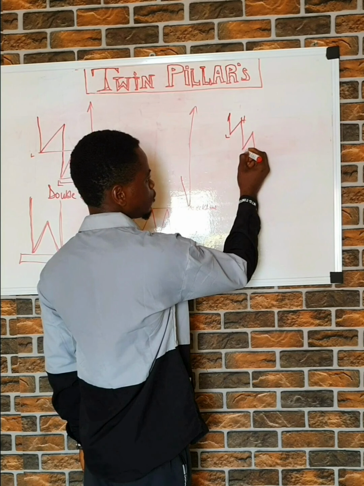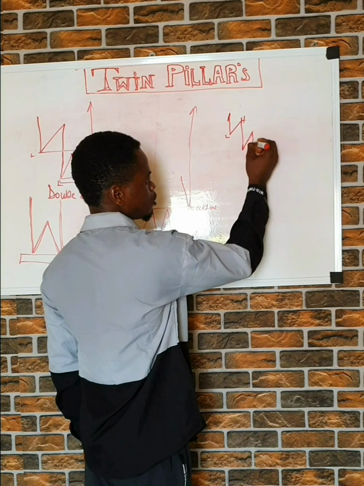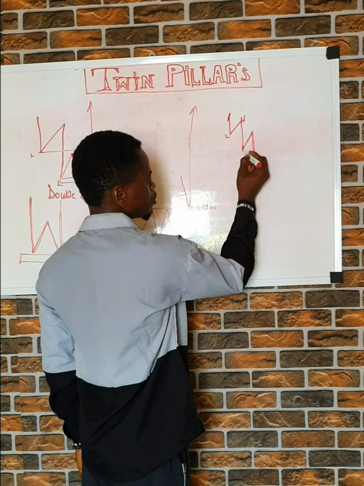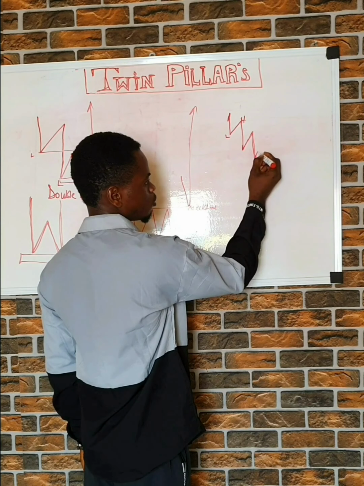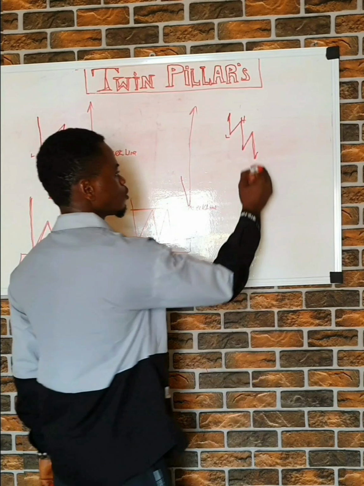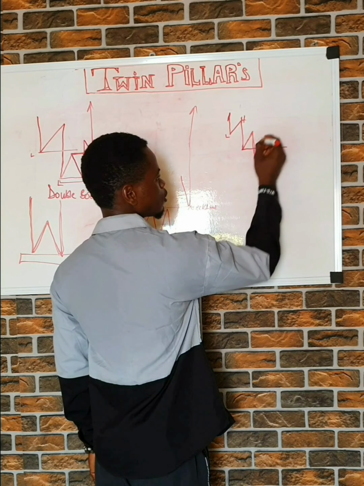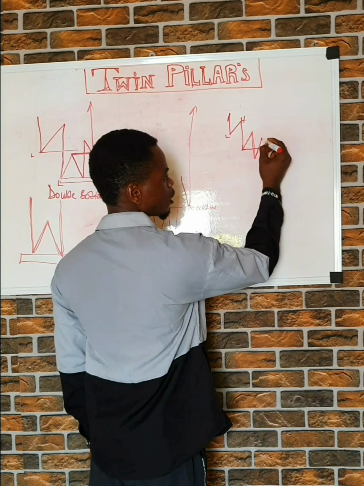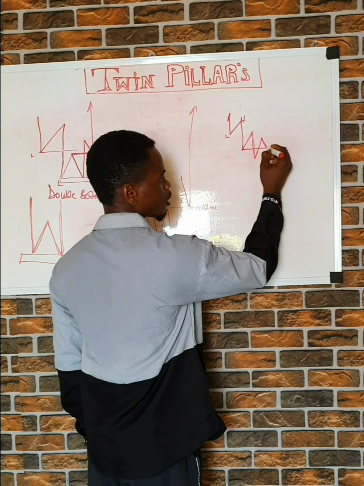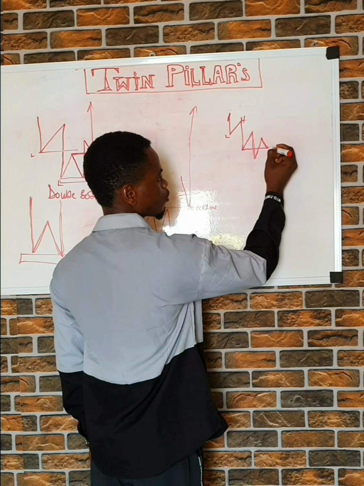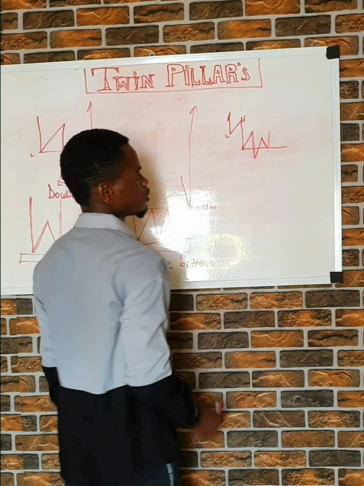Then price came to this place, gave us this recent low, then broke out from this place, came back here, and gave us a recent high.